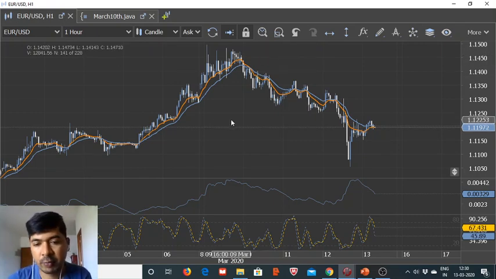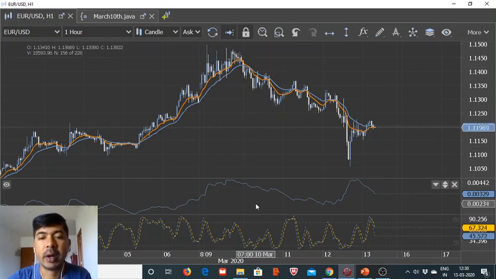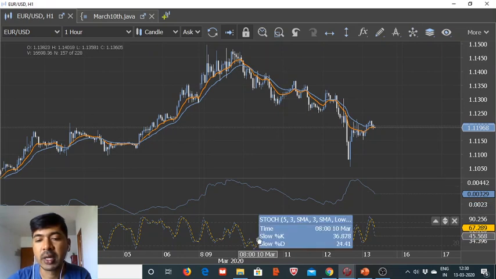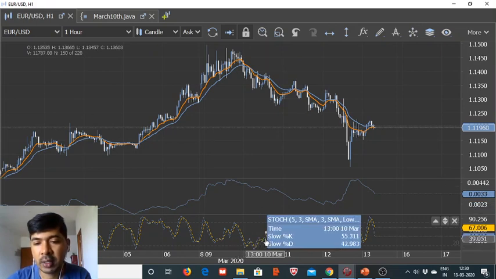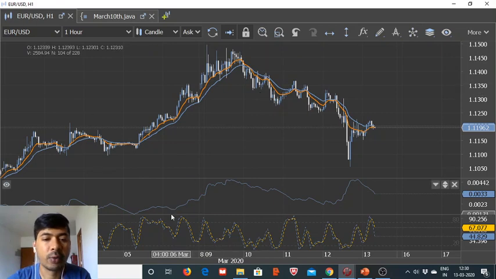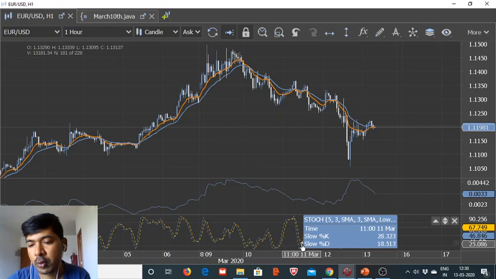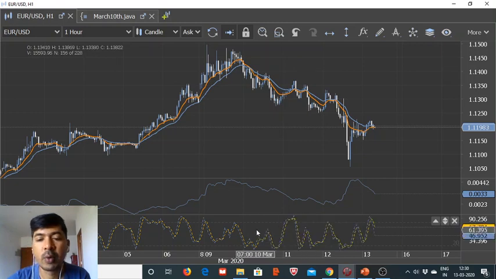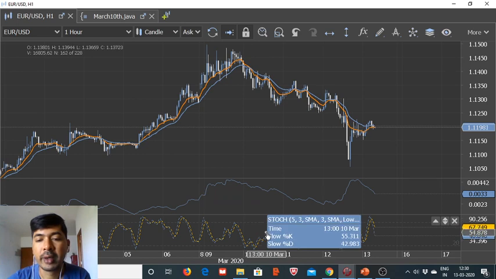But if we add the stochastic indicator, we can bring in some additional conditions, such as the stochastic should be at least approaching overbought levels while we are looking for a sell, and oversold levels while we are looking for a buy. We are not exactly going for overbought or oversold; we simply want some minor retracement, and that should be good enough.